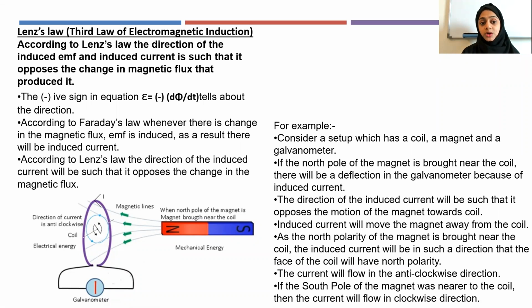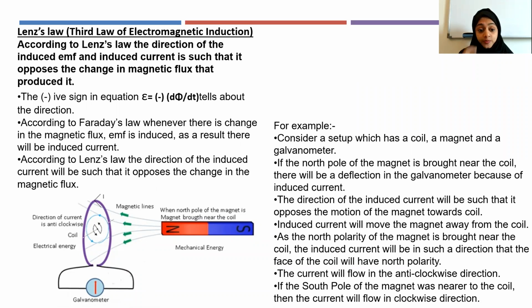So he is the one who tried to find in which direction this EMF will be induced. According to Faraday's law, as we have already seen in the previous lesson, whenever there is change in magnetic flux, EMF is induced, and as a result, there will be induced current. But according to Lenz's law, the direction of the induced current will be such that it opposes the change in magnetic flux. How will it oppose the change in magnetic flux?